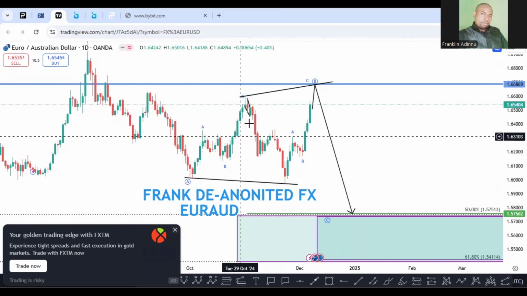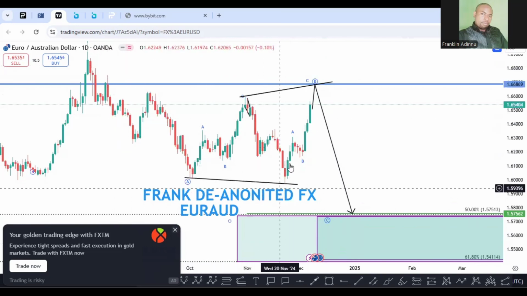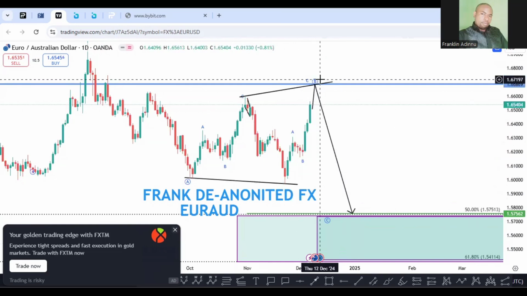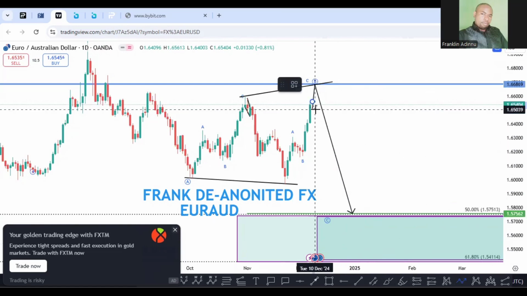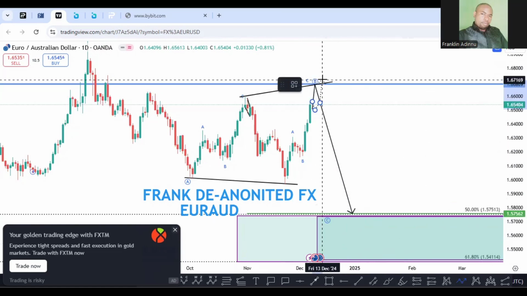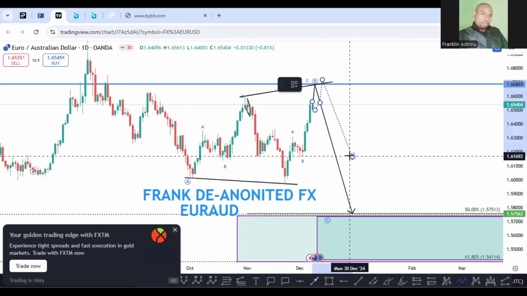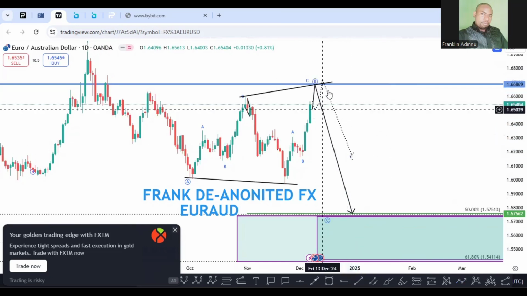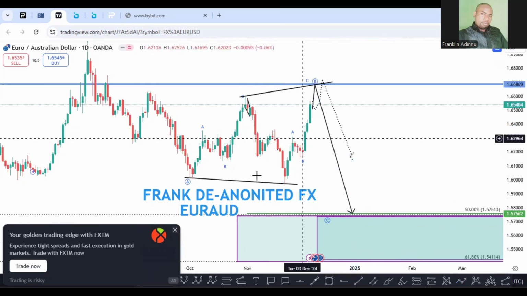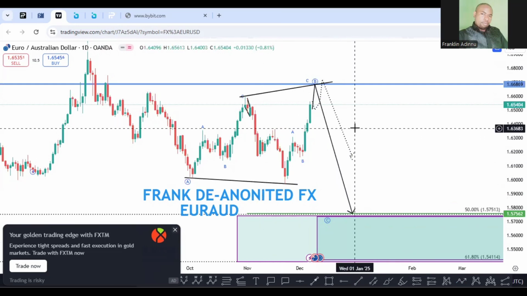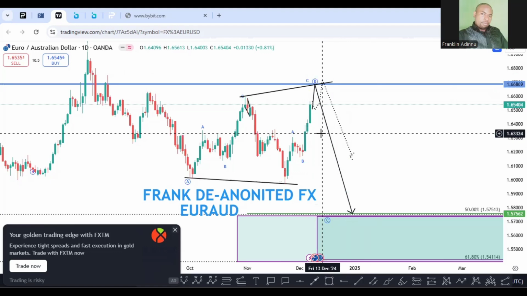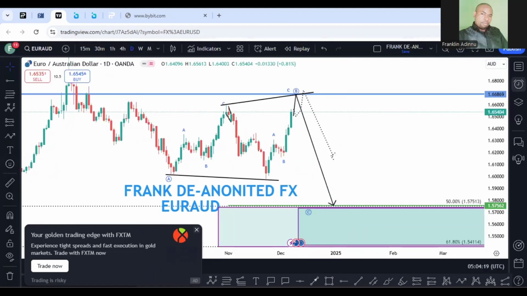This is a B, A, B, C, or a five-wave structure: 1, 2, 3, 4, 5, C. So you may see a little correction, then up before I sell. That is what I expected. It has turned out to be an expanded flat. So you will see a correction and then sell. That is all for this pair.